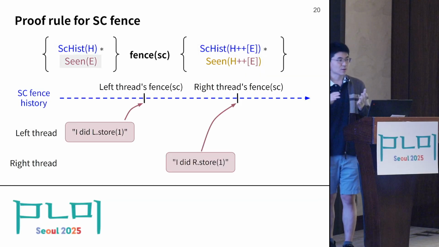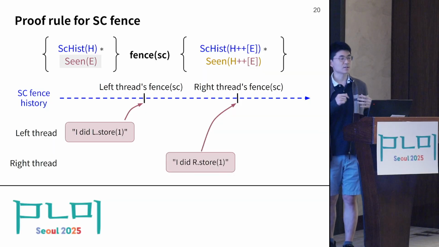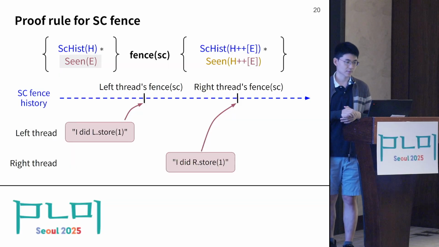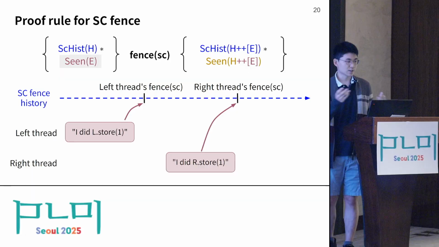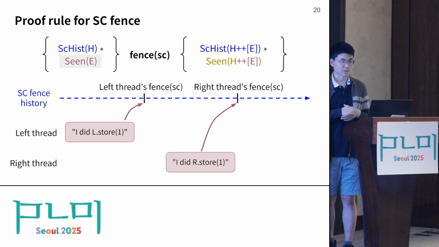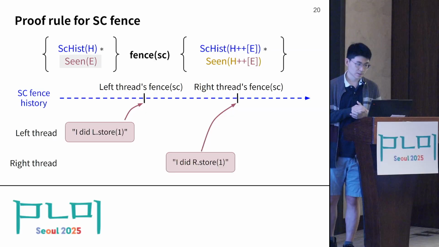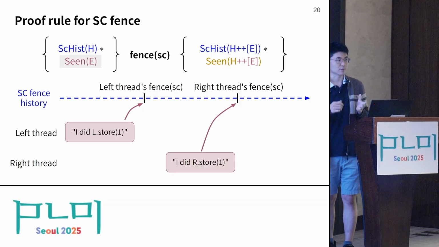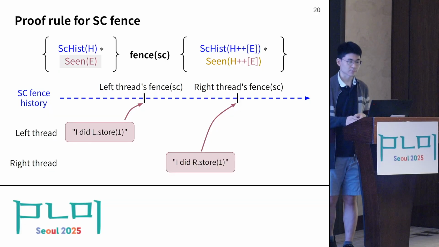And when a thread runs an SC fence, it can add its observation of some events to this SC fence history, which is indicated by the precondition in the rule. In the mutex example, each thread is going to add the observation that they wrote 1 to their variable.